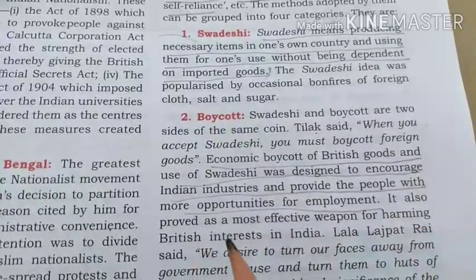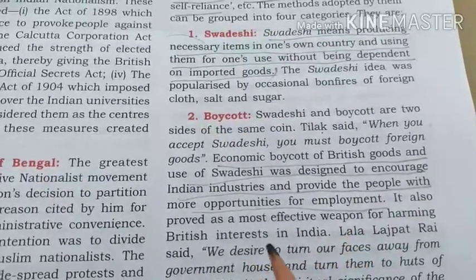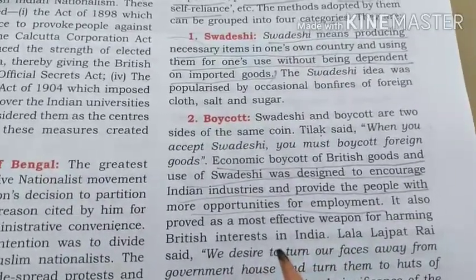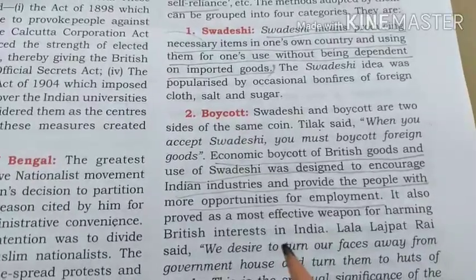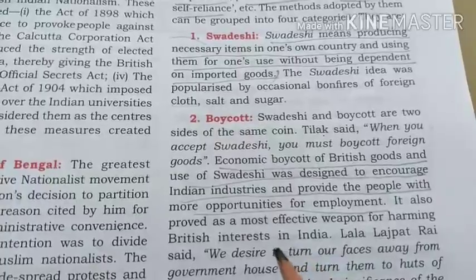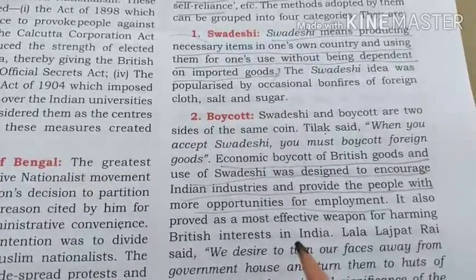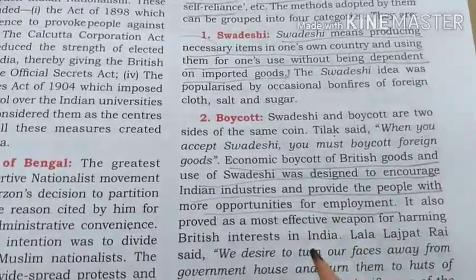It also proved to be a most effective weapon for harming British interests in India. Boycott and Swadeshi became very effective weapons for harming British economic interests and political progress.